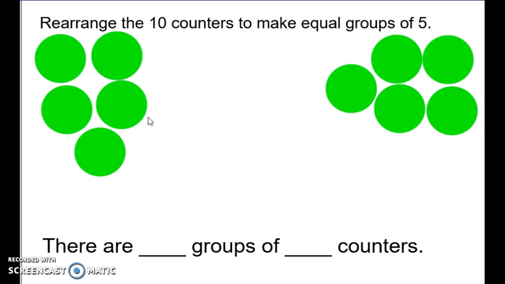So we have 5 in each group. We have 1 group, 2 groups. So let's fill in our sentence. There are 2 groups of 5 counters because there's 5 in each group.